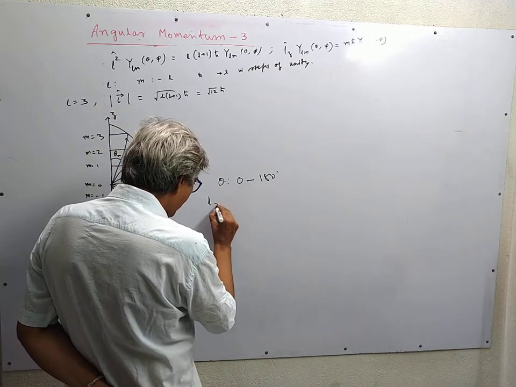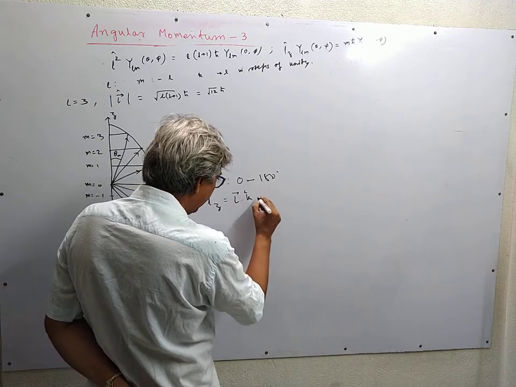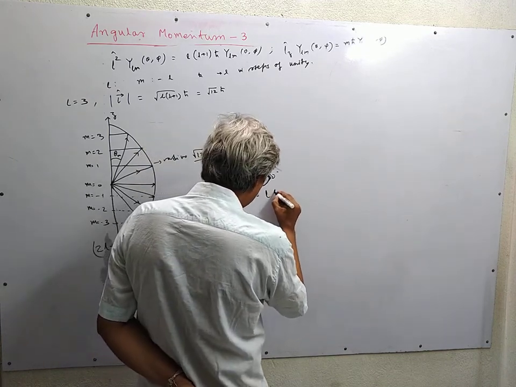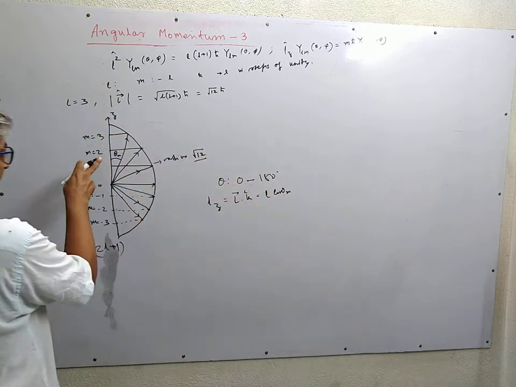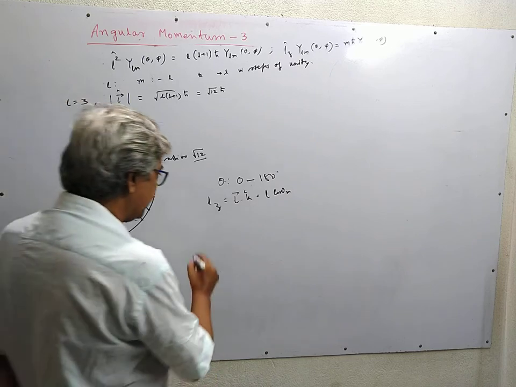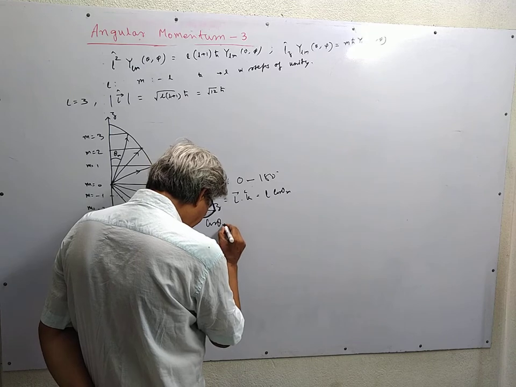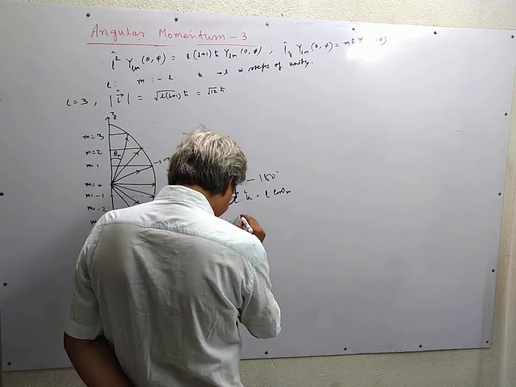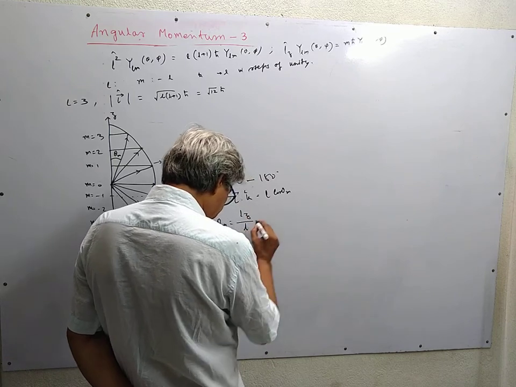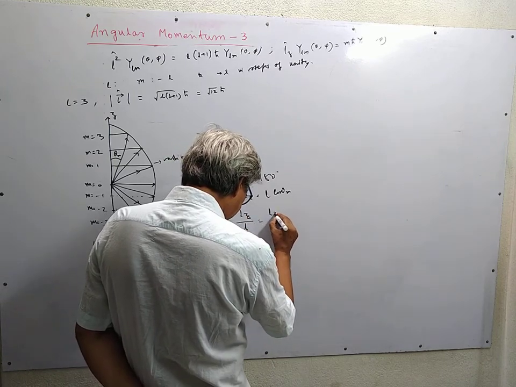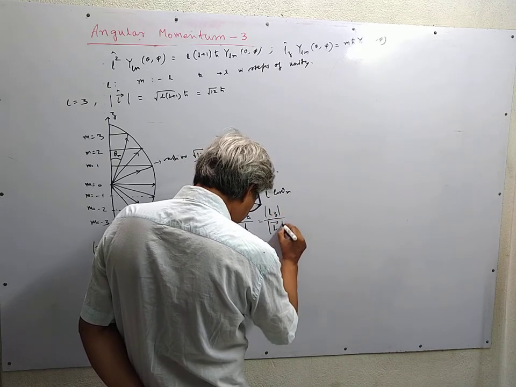If we write Lz is equal to L dot k cap is equal to magnitude of L times cos theta_m, because the angle theta_m depends on the value of m, then we get cos theta_m is equal to Lz by the magnitude of L. This is the magnitude of the Lz operator, and this is the L vector operator's magnitude.